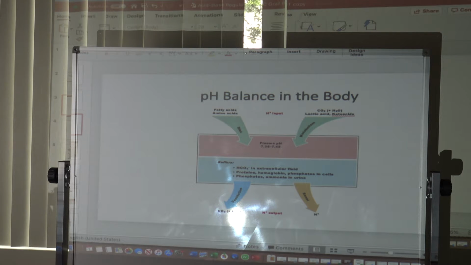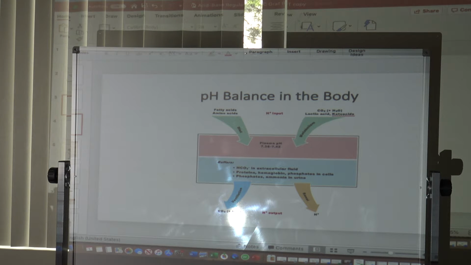The next one is this one, pH balance in the body. In the upper part of this, you can see that hydrogen sort of goes through the body, and we get it in the input form of our diet, fatty acids and amino acids, and also through CO2. So we're bringing in the respiratory system as well as the digestive system.